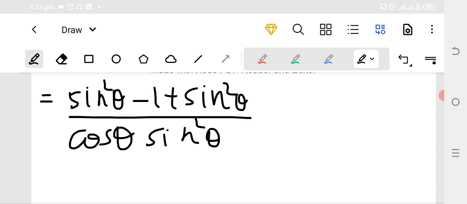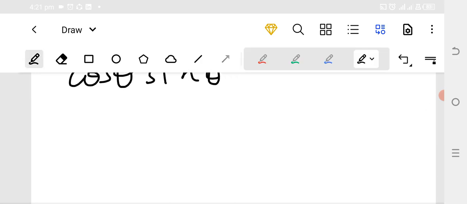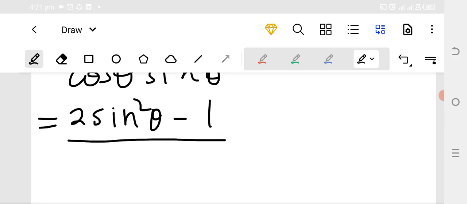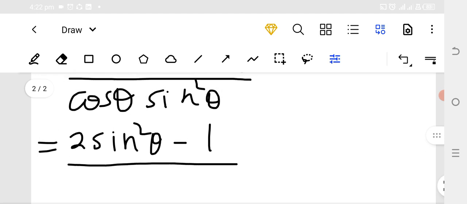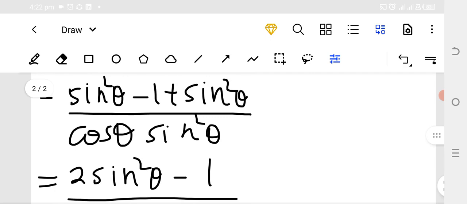Then after we have distributed the negative in the brackets, as we can see, there are some like terms that we can add. So let's add like terms together. Hence, we're going to say is equal to 2 sine theta squared minus 1. You divide by cos theta sine theta. Please take note, the sine theta squared on the denominator was not supposed to be there.